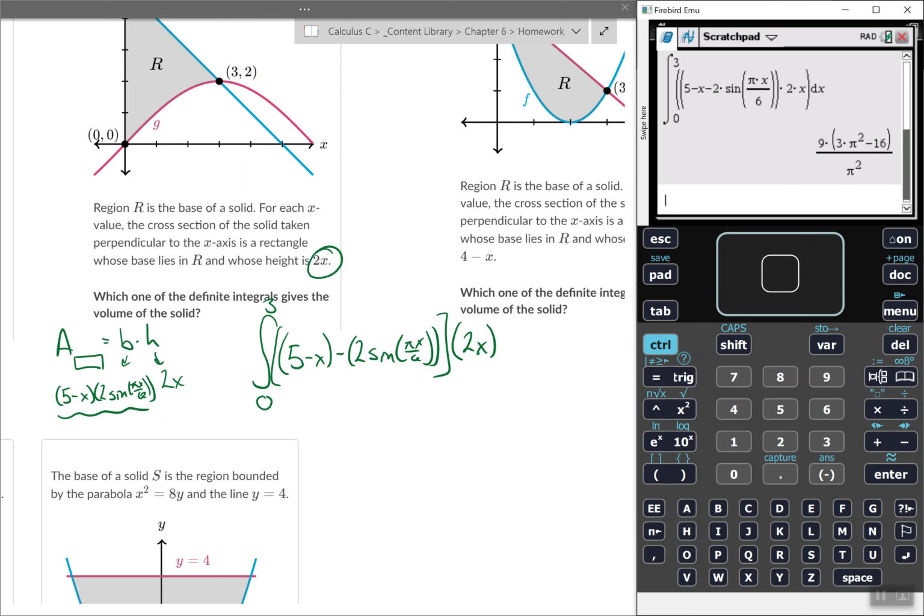All right, let's see what it gives us. All right, there we go. That is a lovely mess. And again, that's not something we want to calculate by hand. We could probably simplify that.